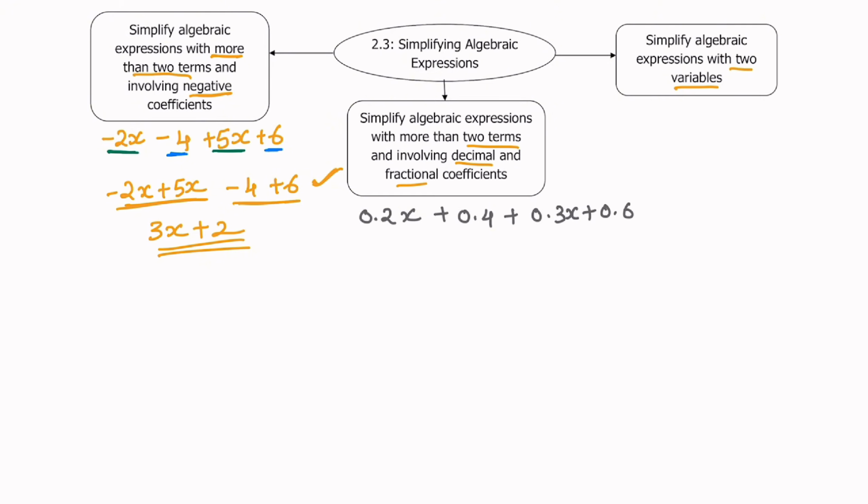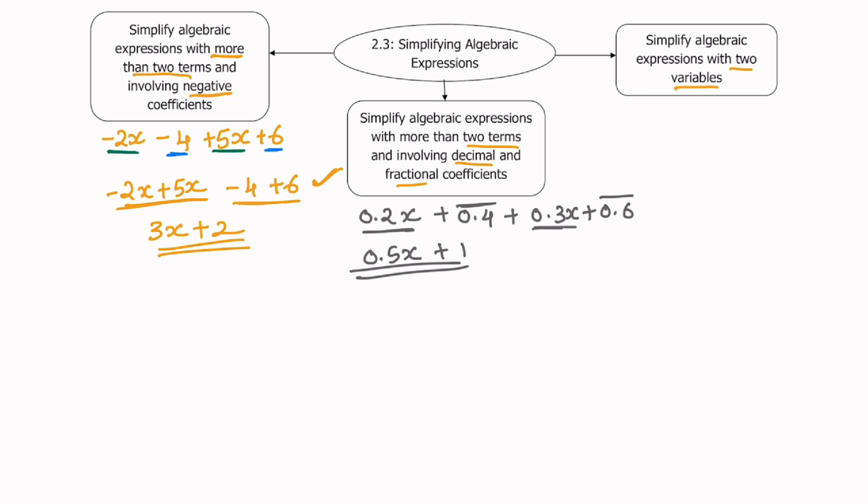Now here, my like terms are this and this, right? And this 2 here. So 0.2x and 0.3x, both are positive. Simply add them and put the sign, that's positive. 0.4 and 0.6 makes it 1 and it's done.